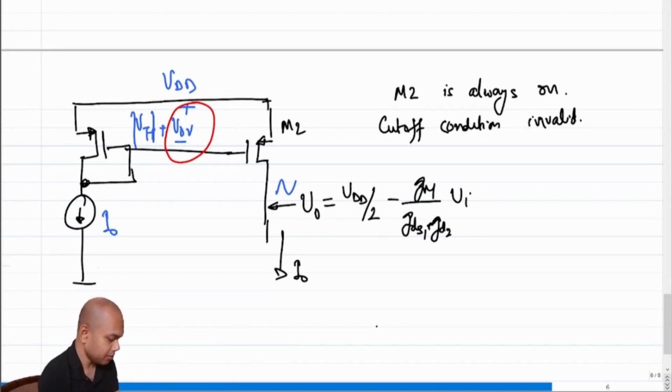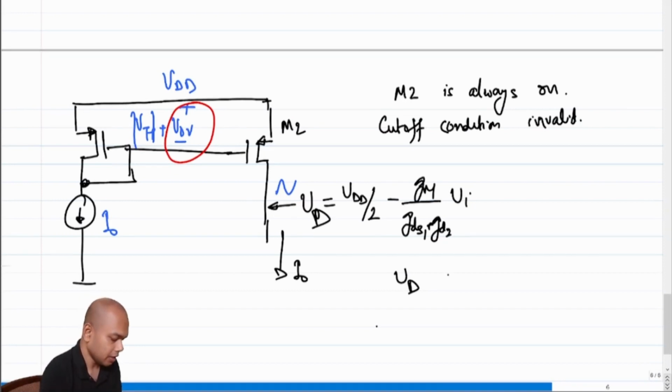The saturation condition will be on our drain voltage, that is V naught. Let me write it in terms of VD. There should be a maxima condition on VD.